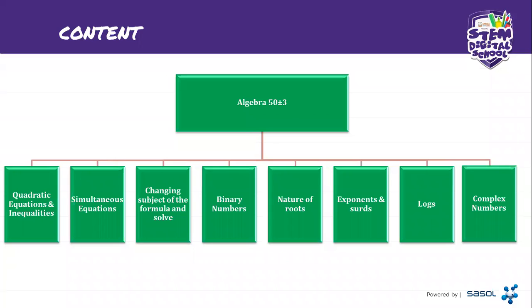All right, under content, algebra is one of the topics for paper 1, and it contributes 50 plus or minus 3 marks. Under algebra, we'll be focusing on quadratic equations and inequalities, simultaneous equations, changing the subject of the formula and solve, binary numbers, nature of roots, exponents, sets, logs, and of course the last one is complex numbers.